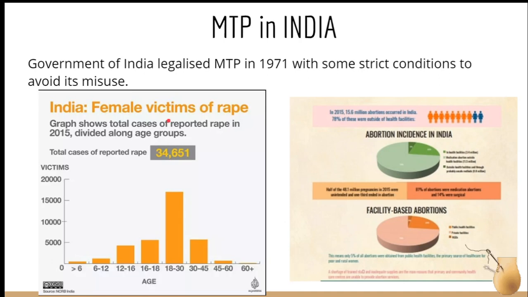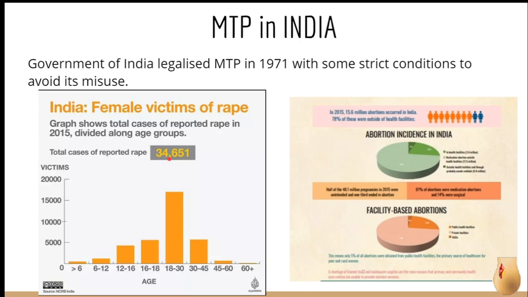If you see the statistics of Indian female victims of rape, the age group in which it has increased many fold is between 18 to 30 years, and the victims have been between 15,000 to 20,000. Total reported rape cases are around 34,651 individuals. So you can see that is a disturbing number as well.